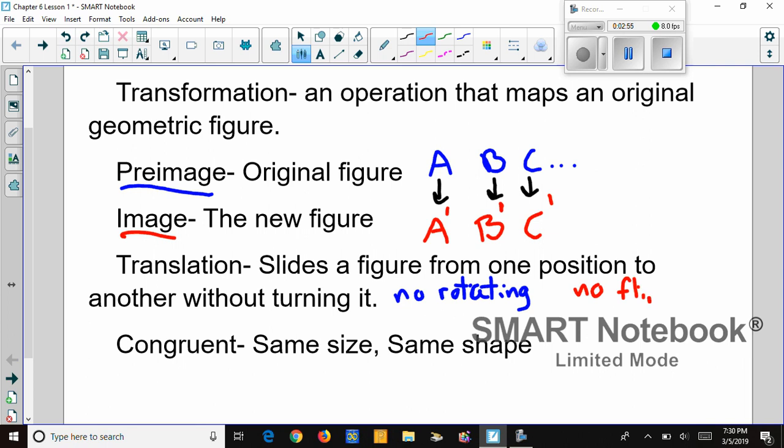It can only change its location by sliding in any direction. And then as we keep moving forward, we're going to talk about congruent, which we talked about in our previous chapter. It's when things are the same size, same shape. Let's go ahead and move forward and talk more about these translations.